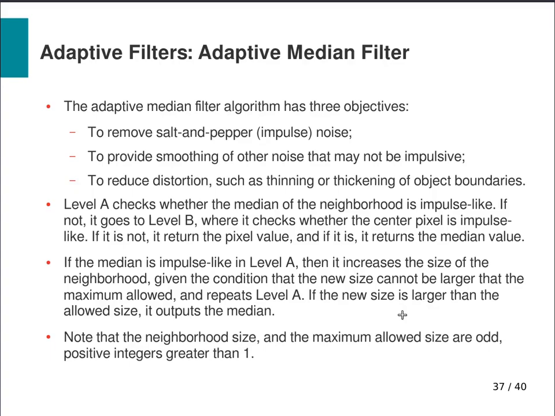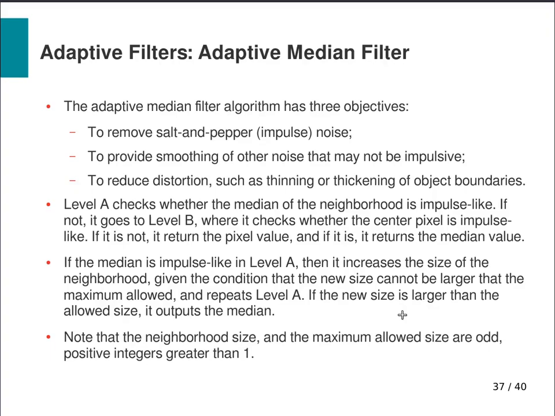If it is, it assumes that the pixel is affected by impulse noise and the median is not an impulse value, whether 0 or 255, basically the minimum or the maximum value inside the neighborhood, then it outputs that, and it does a similar thing for level A as well.